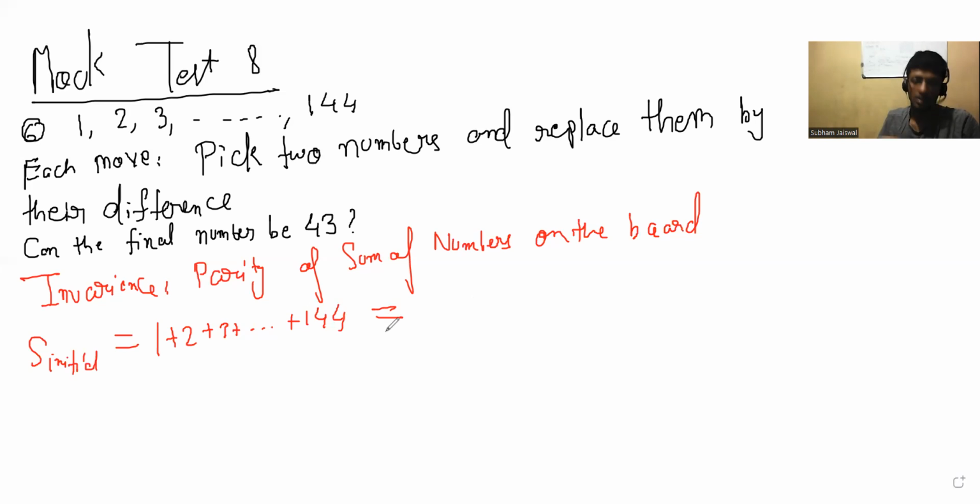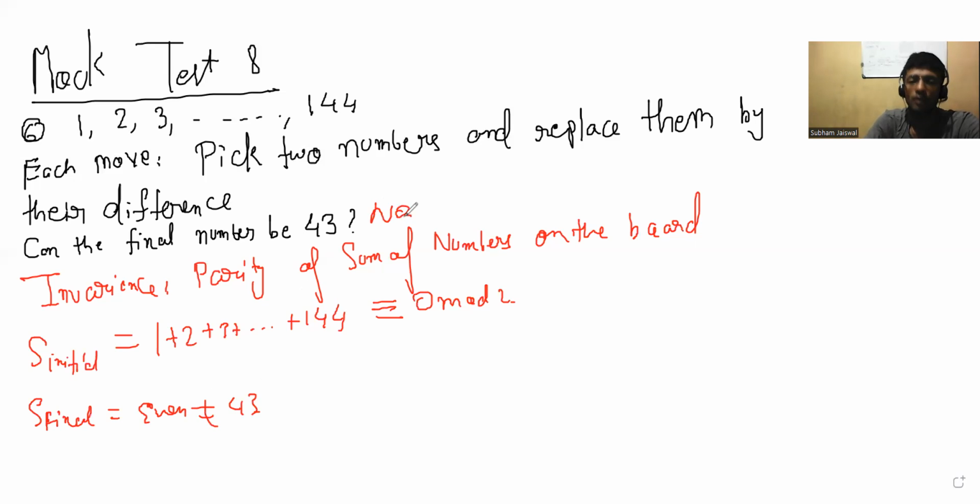This is 0 mod 2. If it's even initially, then eventually it should also be even. So S final, which is just that number itself, is also even. So it cannot be 43. Impossible. The answer is no.